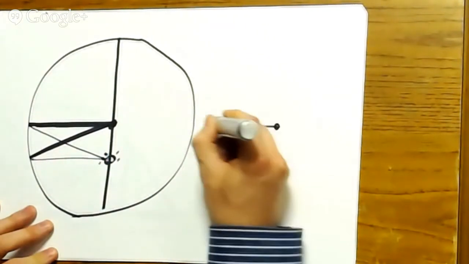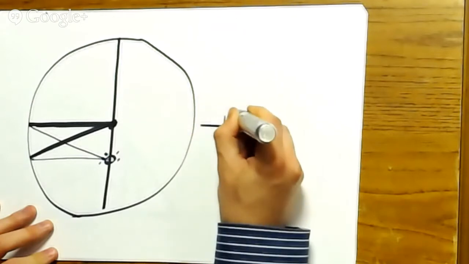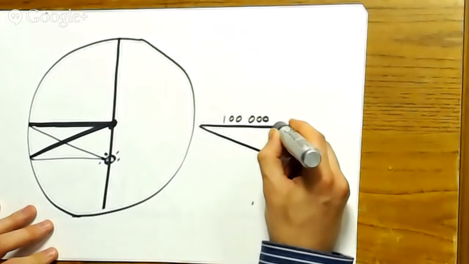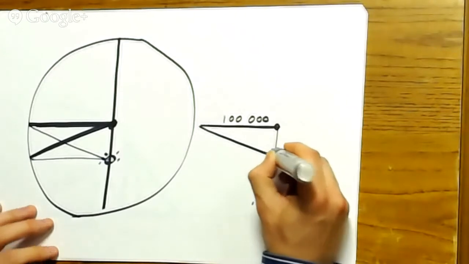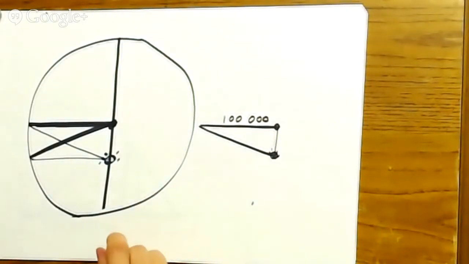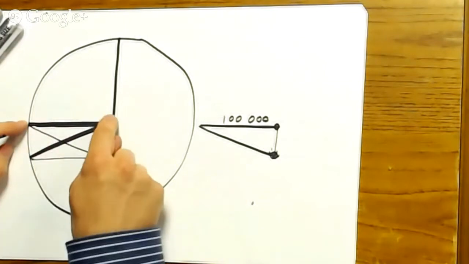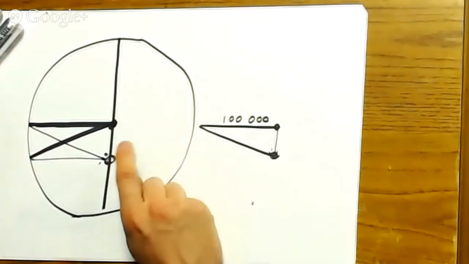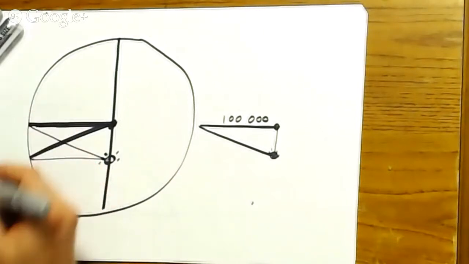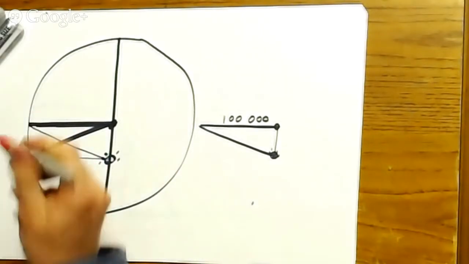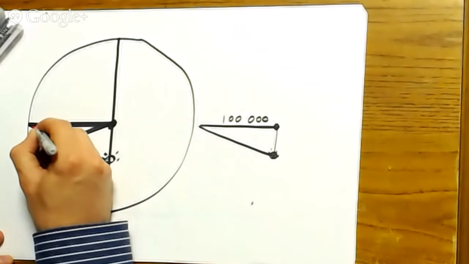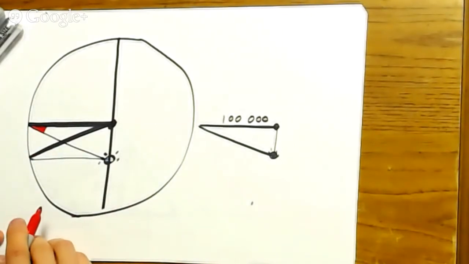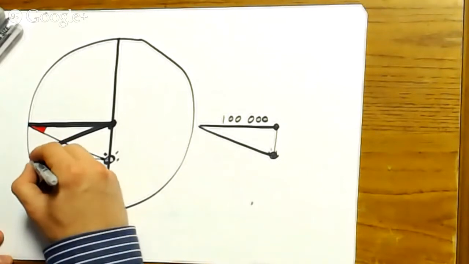From the center, out here, 100,000, and then back down to the sun. The greatest optical equation is the difference between where the sun sees Mars and where the center sees Mars. So the angle Kepler's talking about is in here. That would be that optical equation he's talking about, the 5 degrees and 18 minutes.